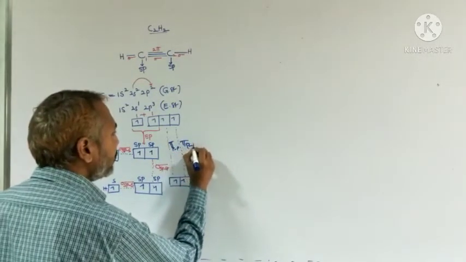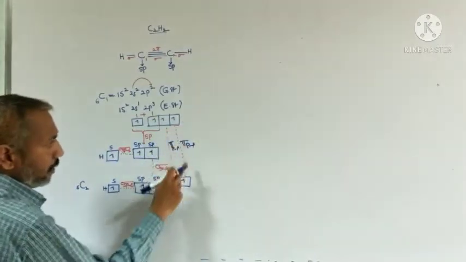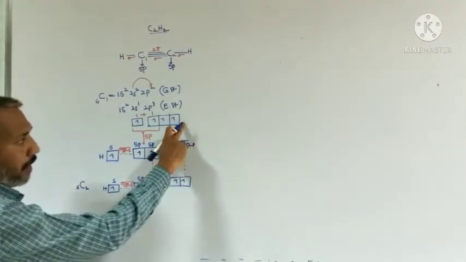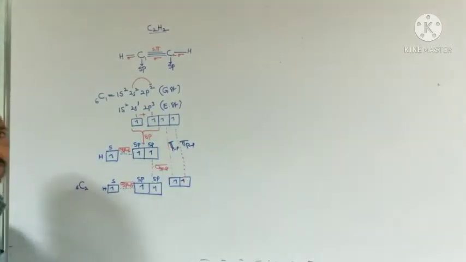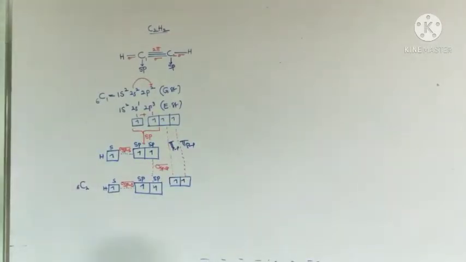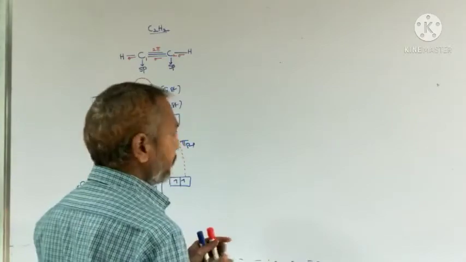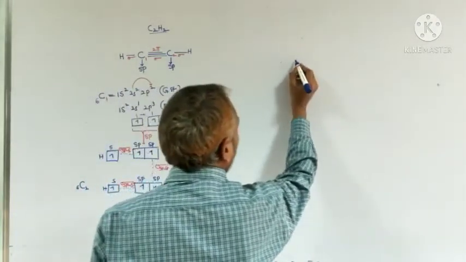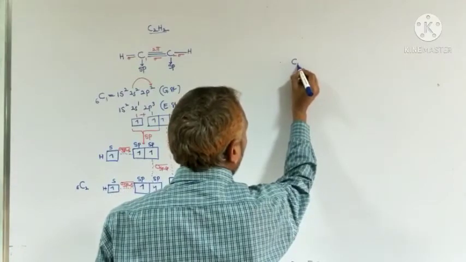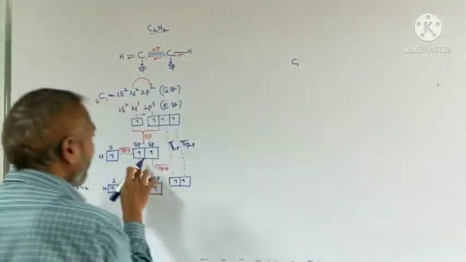Here is also another unhybrid p orbital, and both overlap to form pi bonds. Next is the orbital overlap orientation. The C1 carbon has how many hybrid orbitals?